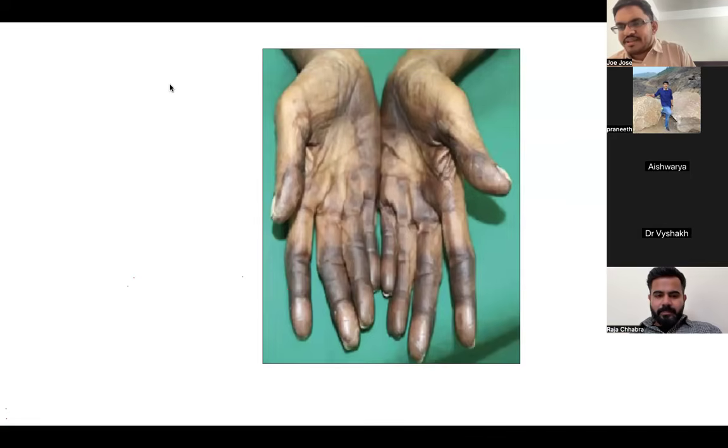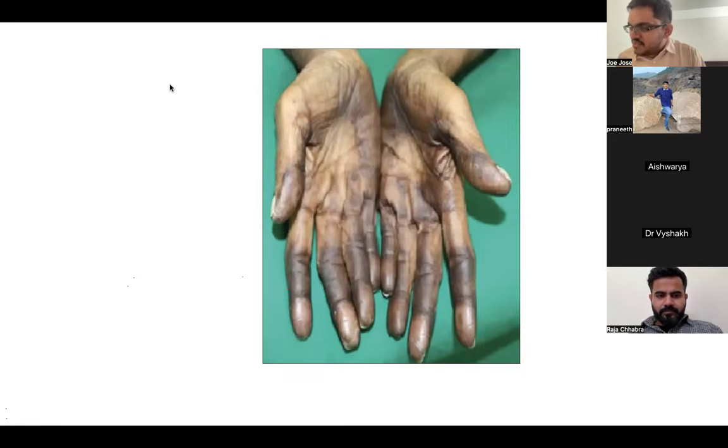Can you tell me some of the drugs that can cause hand-foot skin reaction? Hand-foot skin reaction is caused by the multi-targeted TKIs like sorafenib, pazopanib, lenvatinib. So the TKIs that inhibit both EGFR and VEGFR. Okay, so you're right with sorafenib.